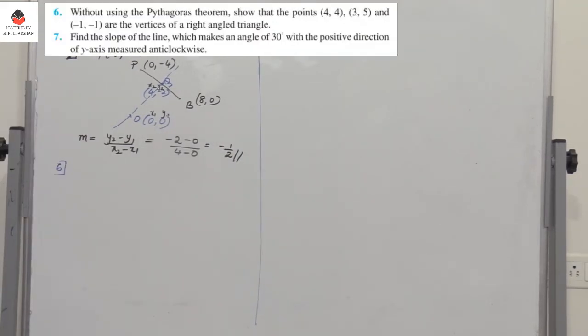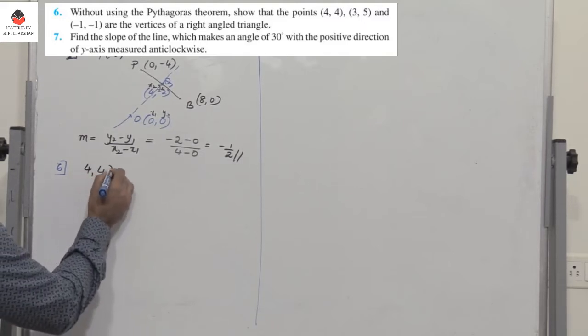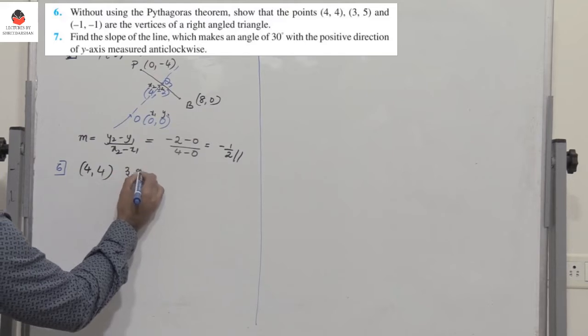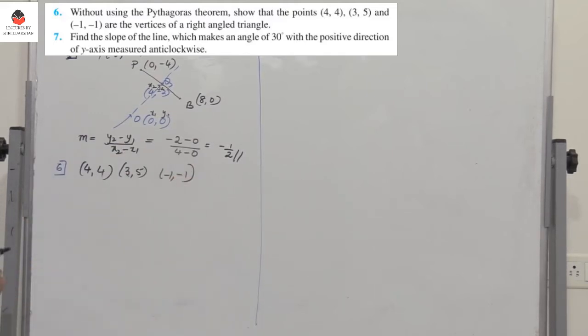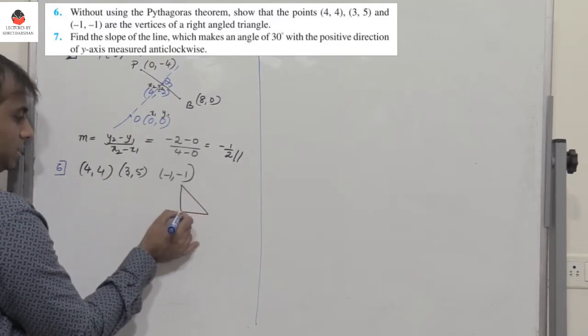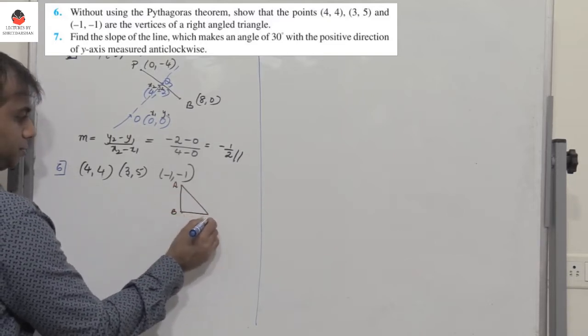Problem 6. Without using Pythagoras theorem, show that the points 4, 4 and then you have 3, 5 and minus 1, minus 1 are the vertices of a right angle triangle. So let's say ABC is a right angled triangle.